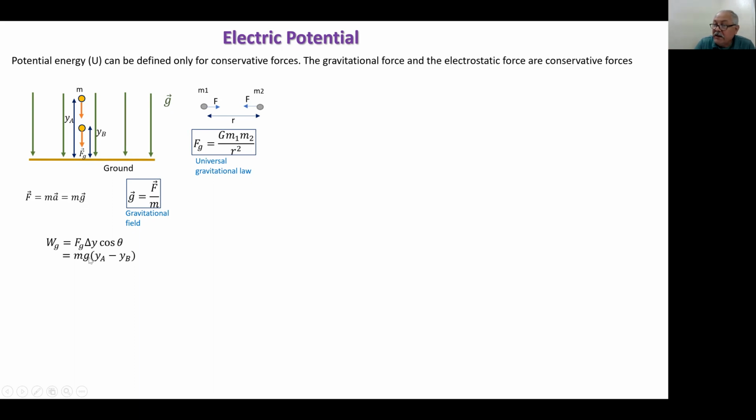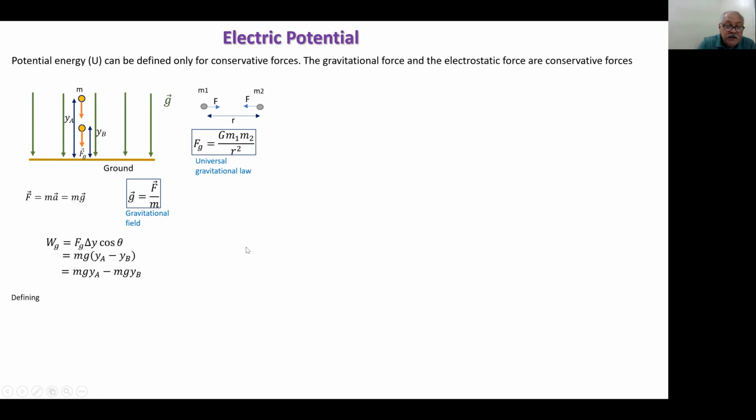In this case, we're looking for magnitudes only. And delta y is going to be the magnitude of this distance, right? And this distance is yA minus yB, correct? And when we multiply these two quantities, what do we have? The work done by gravity is equal to mg yA minus mg yB.